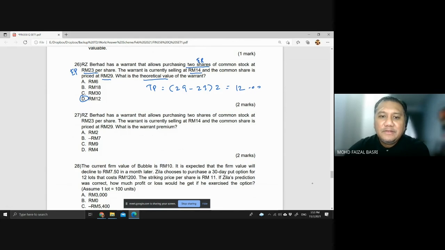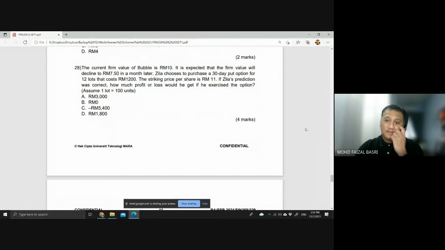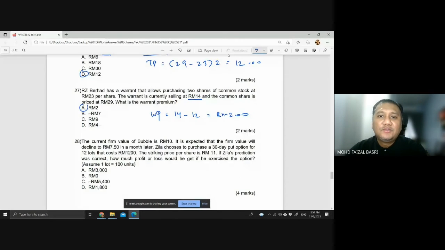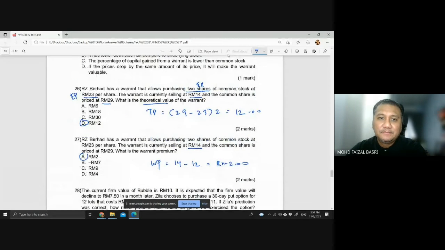And the warrant premium, market price of warrant, the market price of warrant is 14 ringgit. And the theoretical price tadi 12 ringgit. So it's 2 ringgit. Okay. So soalan warrant yang senang pun ada.